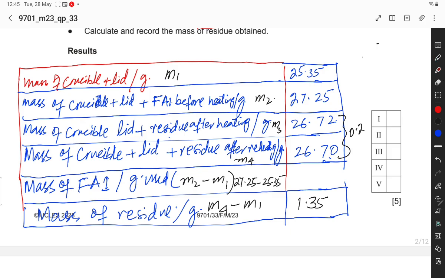This should be 35. So in this way we have this value, and M4 minus M1.